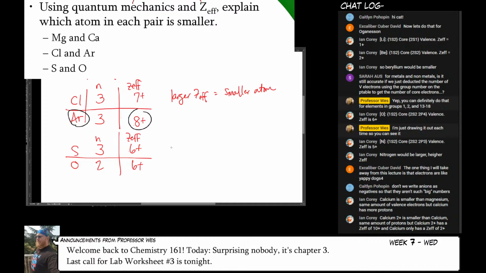And then larger N. Oh, we want smaller, sorry. And so there you go. This must be the smaller atom because it has a smaller N. They have the same Z effective.